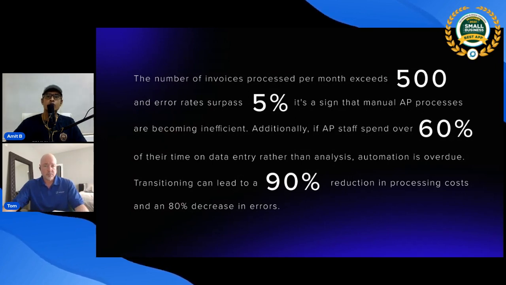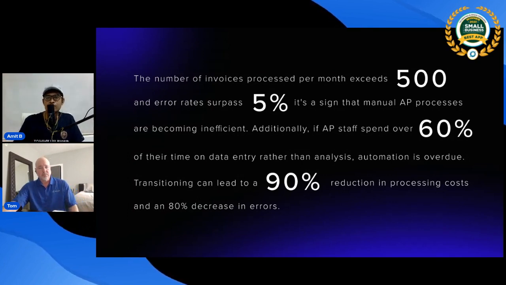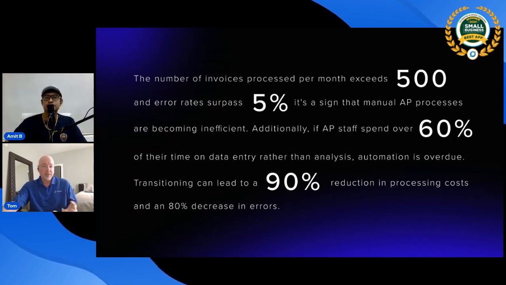Okay. Well, what are the main considerations companies should keep in mind when selecting and implementing an AP automation solution? Yeah, so they should prioritize scalability, integration capabilities, and ease of use.